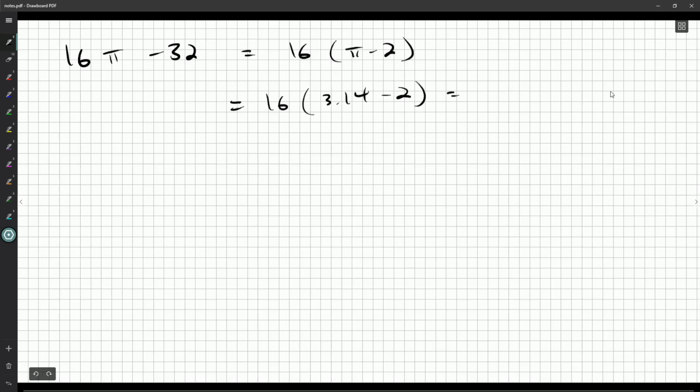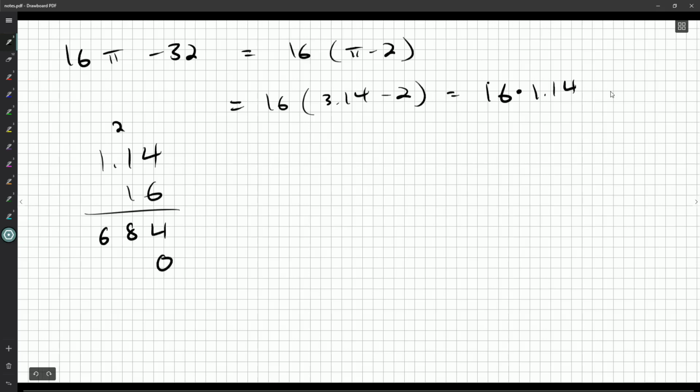Now, without using my calculator, 16 pi minus 32, take out a factor of 16. Pi minus 2, so let's say 16 times 3.14 minus 2. So that's 16 times 1.14. And I suppose I can just do old school multiplication. 8 and a 6.